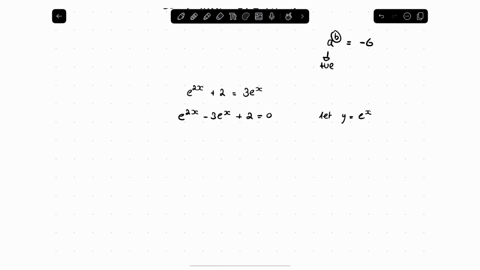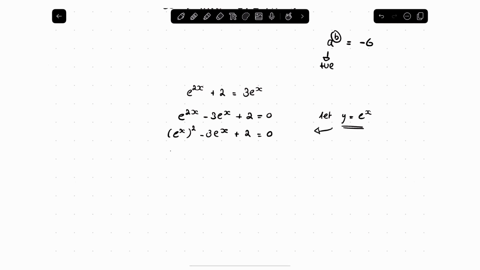Let's do some more rearranging here. e to the 2x is e to the x squared. We can rewrite it like this. We're going to leave the rest the same: 3 e to the x plus 2 equals 0. From here, since we said let y equal e to the x, we'll substitute y into this equation.